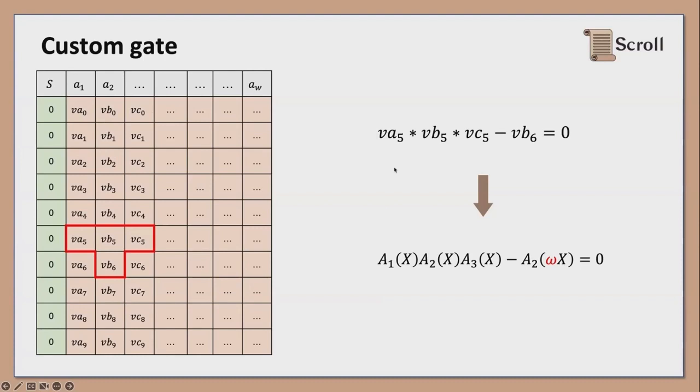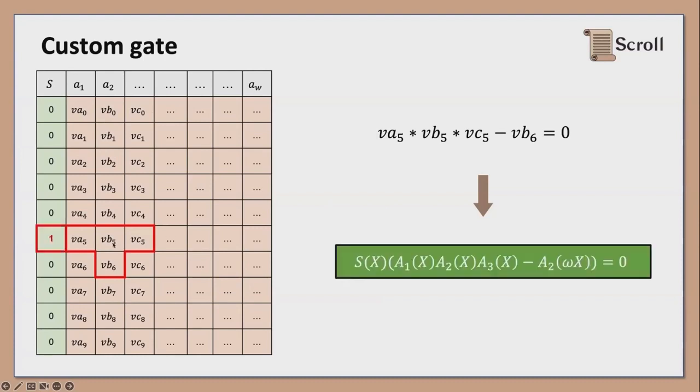So if you want to specify this specific area, as I mentioned, you need to multiply with some selector, which is all 0, but only open here. And after multiplying by this selector polynomial, you can get your constraints. This selector polynomial will tell you that if x belongs to those rows where it's 0, you don't need to constrain this relationship.